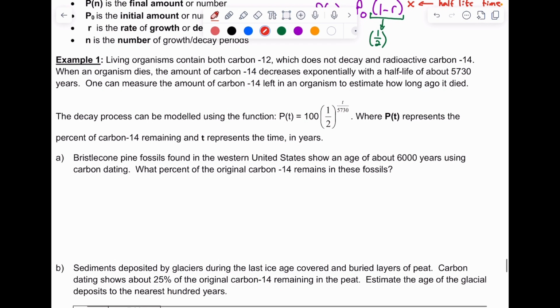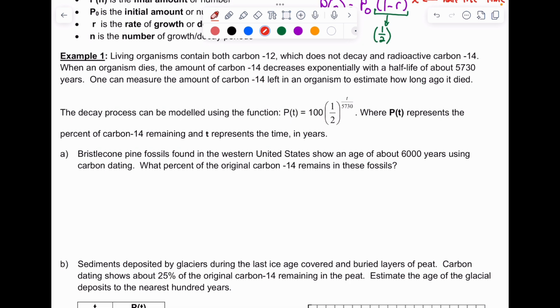So living organisms contain both carbon-12, which does not decay, and radioactive carbon-14. So when you hear something called carbon dating, when you think about fossils and everything like that, that's what that means. You're actually looking at carbon-14. And the reason carbon-14 is special is because we know that it decreases exponentially, but specifically, we know it decreases by half.